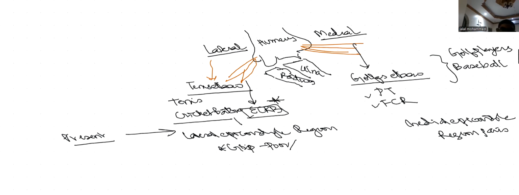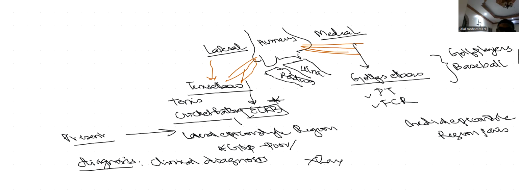So how will you diagnose it? Most of the time, it is just a clinical diagnosis. But if you want to confirm it, you can do X-rays. X-rays are normal most of the time, but sometimes in the muscles you will have specks of calcification if it is long-standing microtrauma.